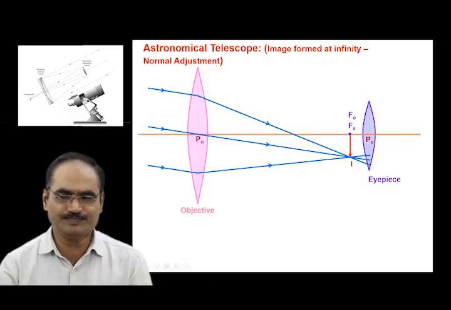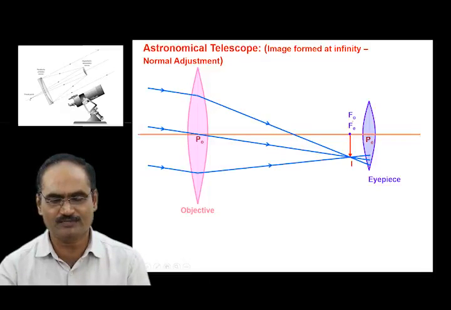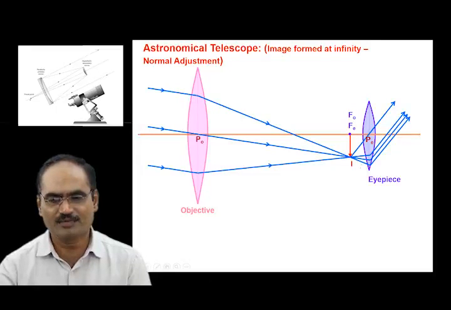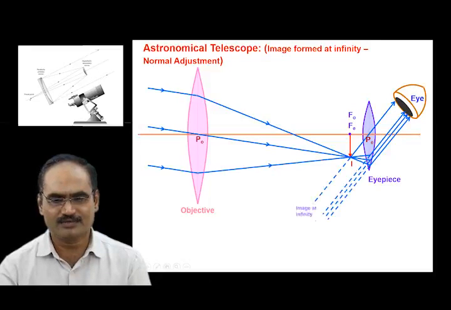So it forms the image at F naught only, and at the same time the eyepiece should be adjusted, moved forward and backward, such that the image formed is between Fe and Pe. If it forms exactly at Fe, then the image forms at infinity, like this.